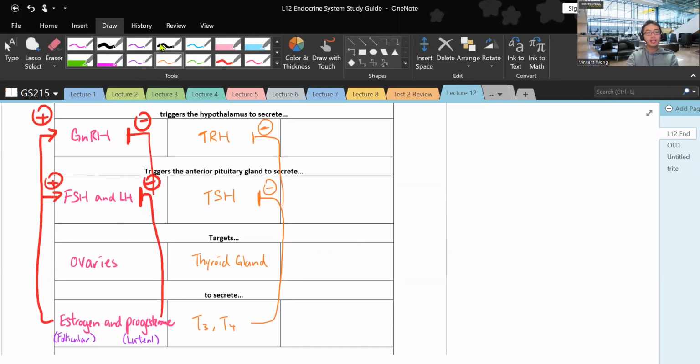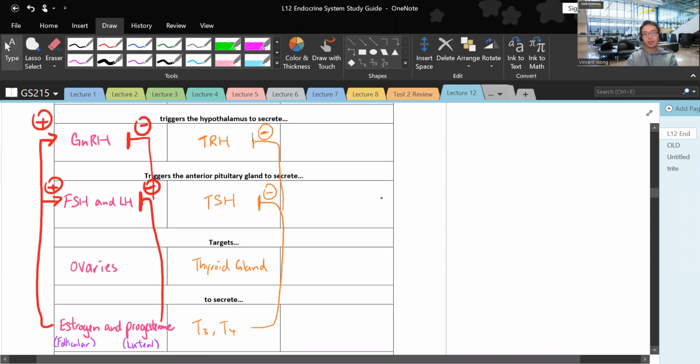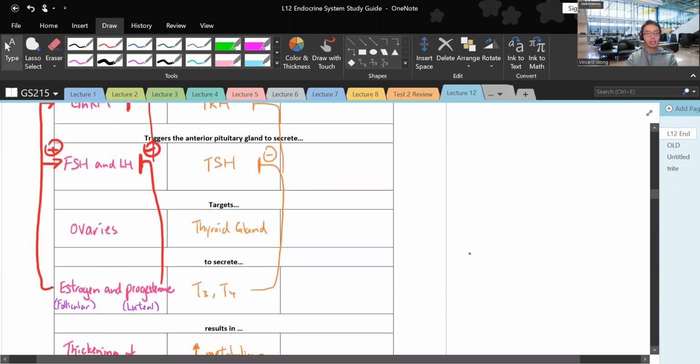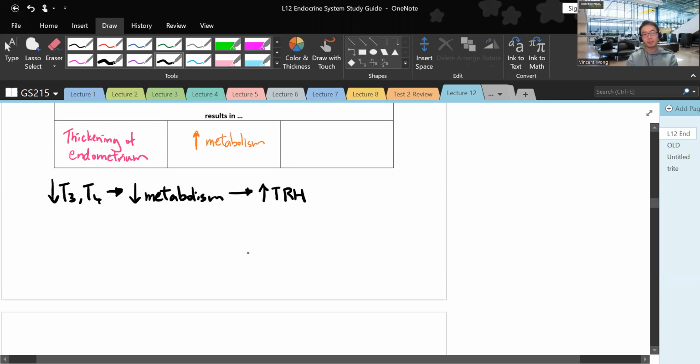So I'm going to just put this in a series of events to help you understand it, because some people find it hard to visualize. I'm just going to do it down here. So in the beginning, there's low T3, T4. Low T3, T4 means we have low metabolism. That would cause you to increase TRH from the hypothalamus.